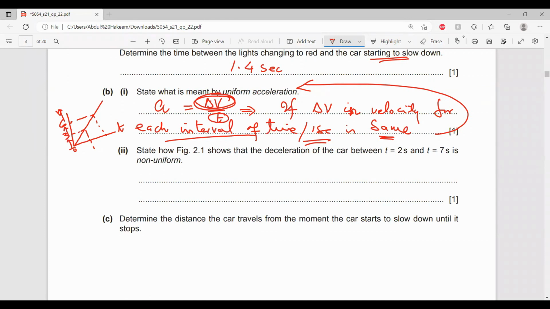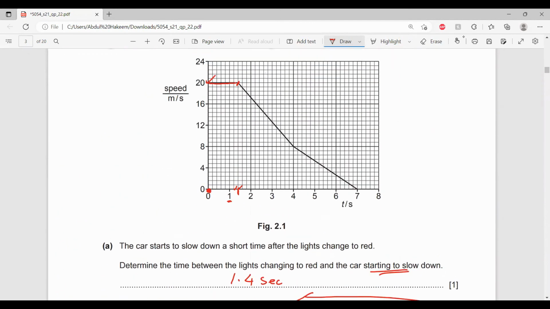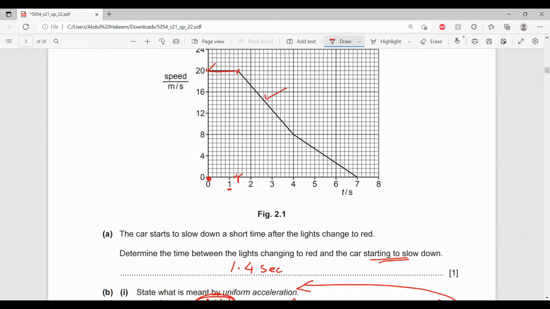Next, state how Figure 2.1 shows that the deceleration of the car between 2 seconds and 7 seconds is non-uniform. At 2, look at the gradient of the graph, and at 7, the gradient. Look, this line is more steep and this line is less steep.